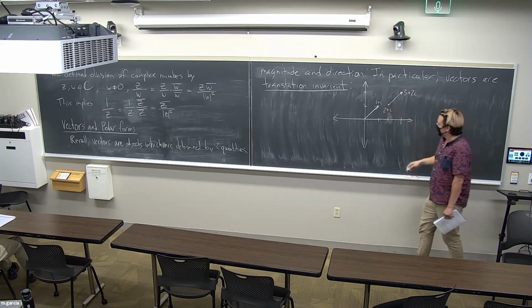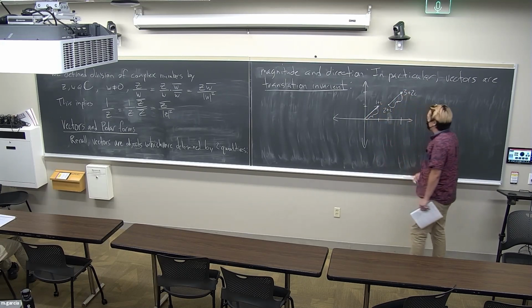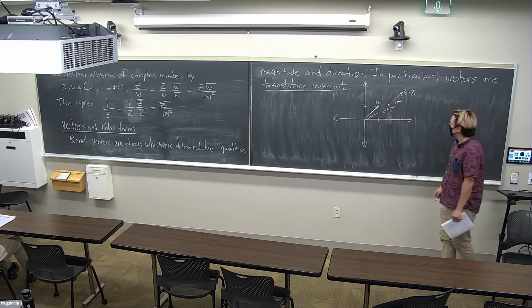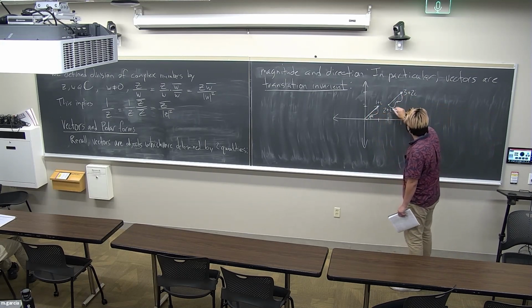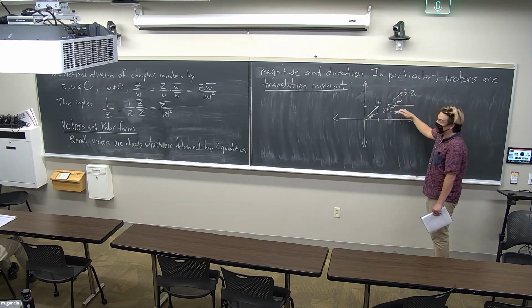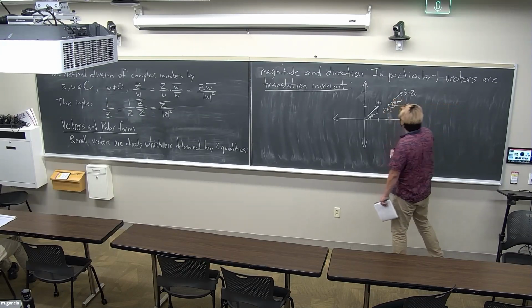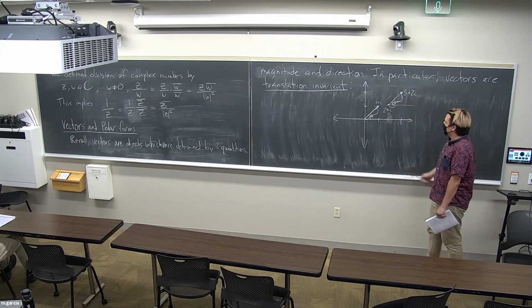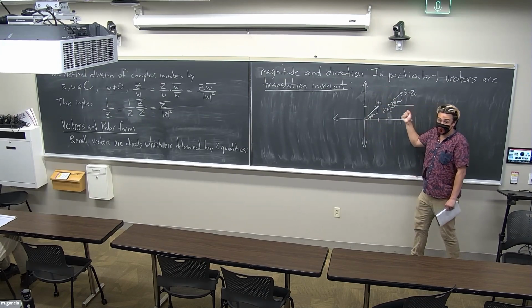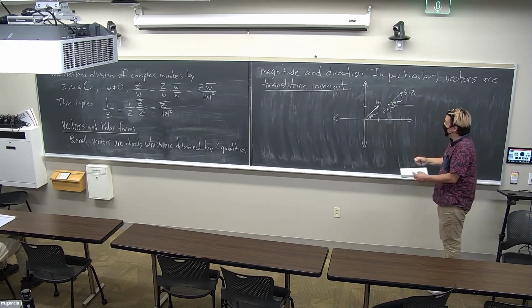That's because the length, the modulus of these things, is the same. And furthermore, this angle theta, if I were to draw a horizontal line, i.e. a line parallel to the x-axis or real axis, this angle theta is the same. So I can take a vector and move it anywhere in the plane. It's still the same vector, just translated.